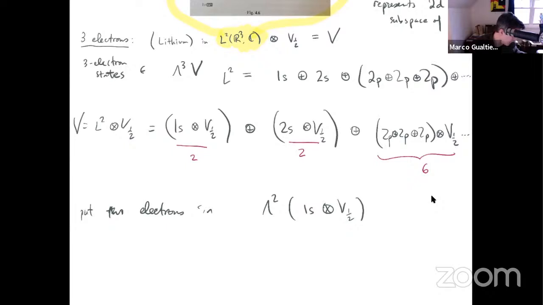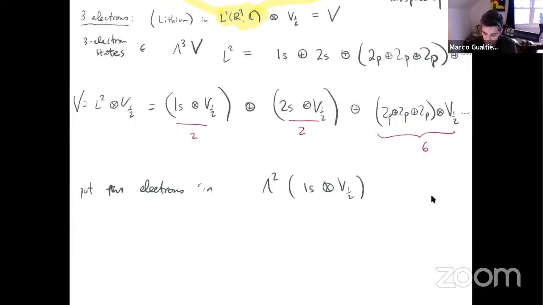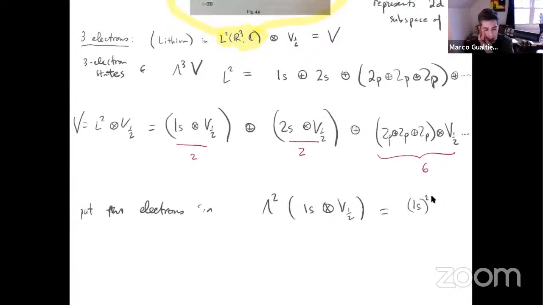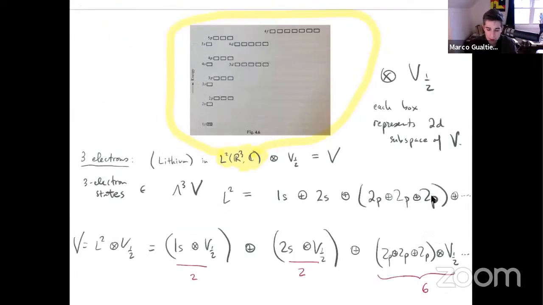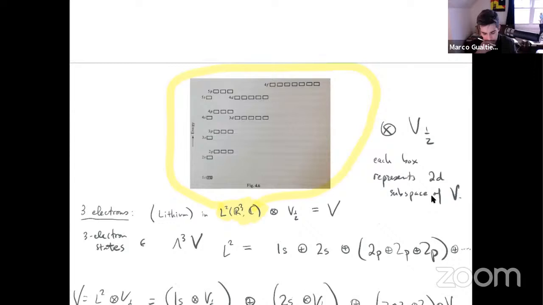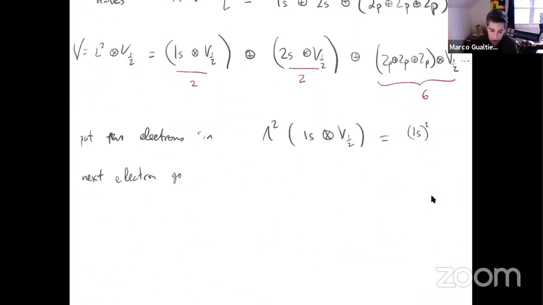This is usually written as 1s2. The next electron goes in 2s tensor V1/2.